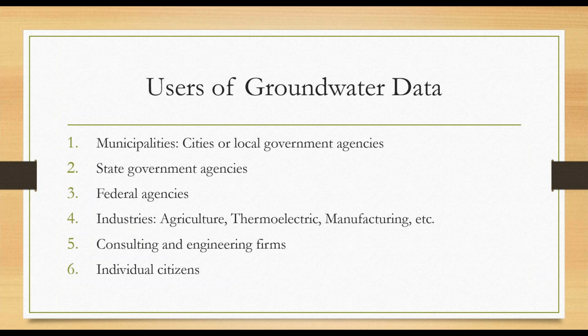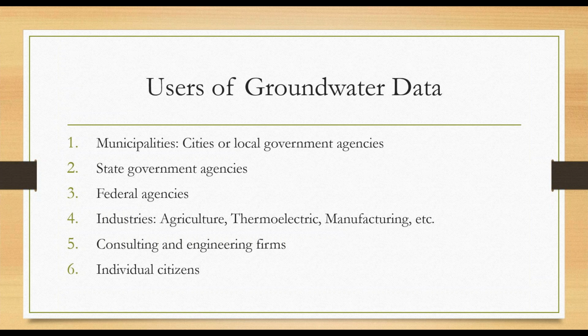Who uses USGS groundwater data? Quite a variety of users, from internal folks for research purposes. We also have folks from municipalities, those are cities or local government agencies. Also state government agencies. In some states, the state owns the groundwater resource and must appropriate its use.